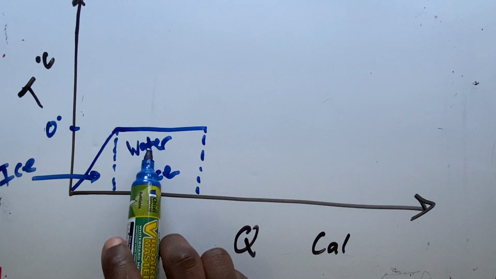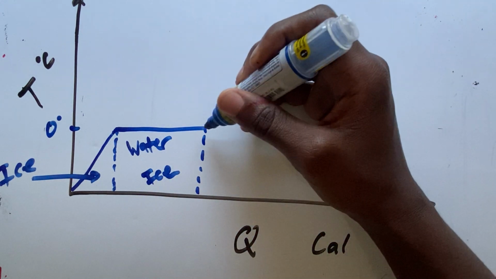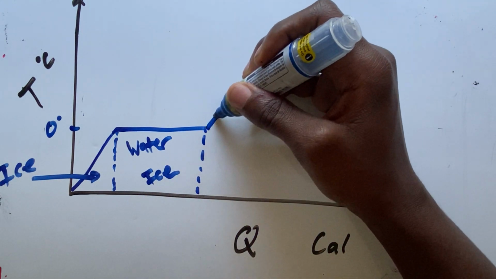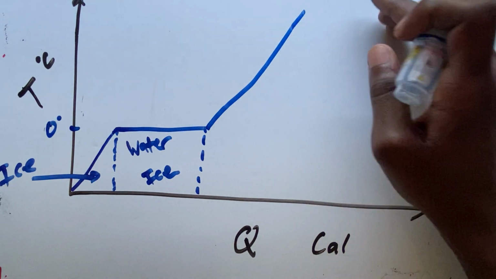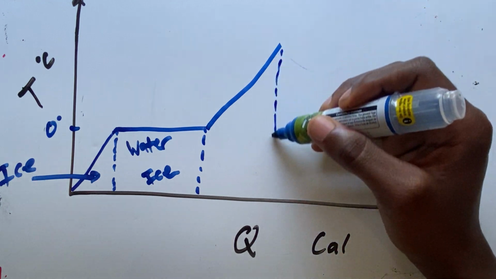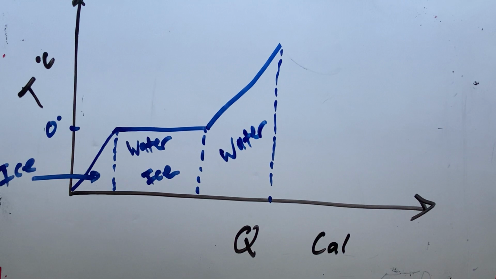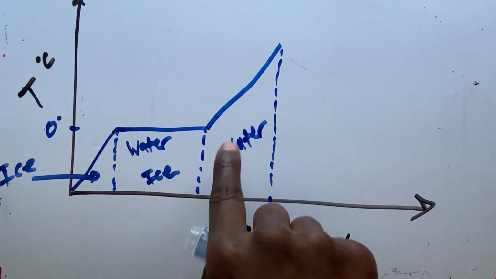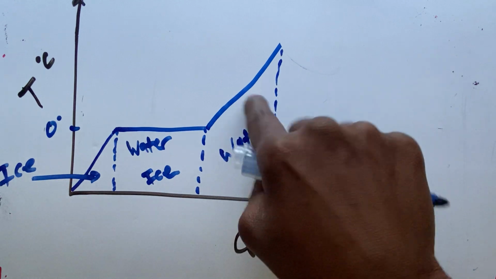Once all of the ice becomes water, then we continue on. This is just water. So from here going up, this is basically us heating it up, and it's still water.